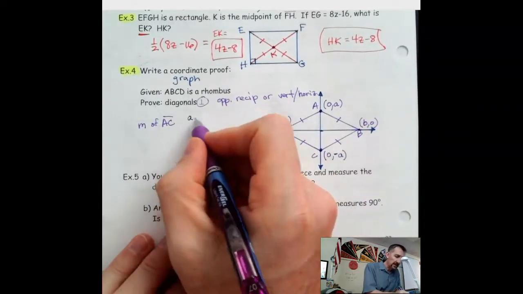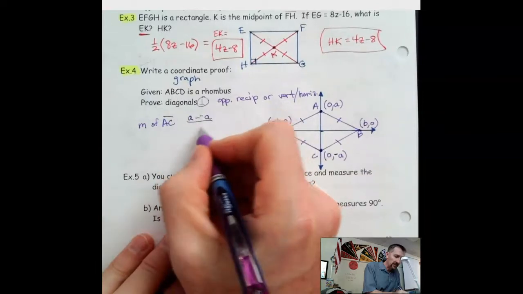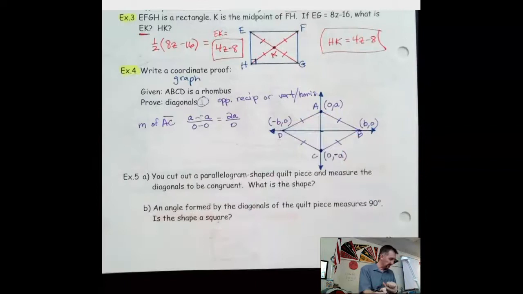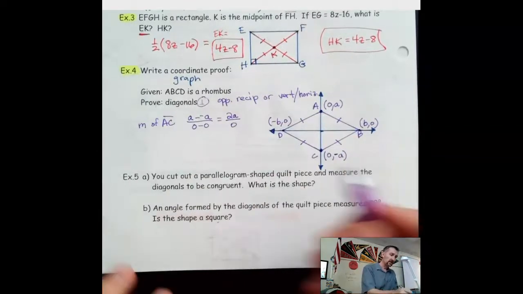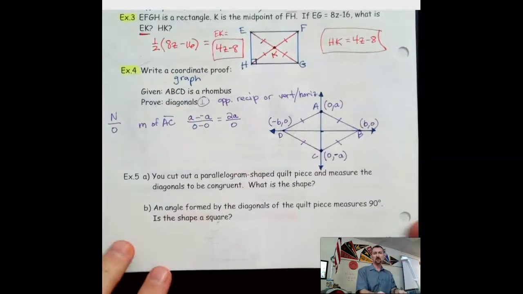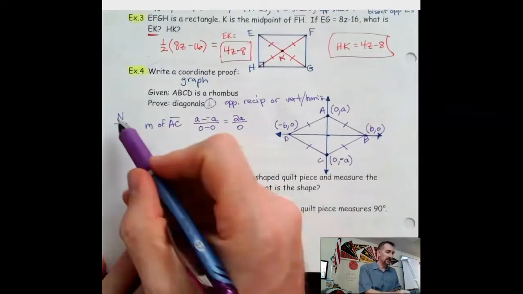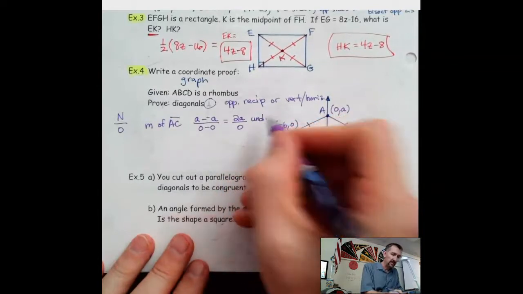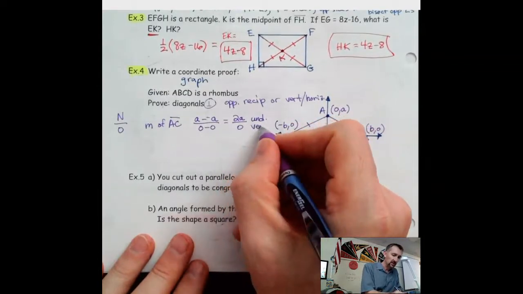So that would be A minus negative A over 0 minus 0, which would be 2A over 0. Okay? Now, if we have something divided by 0, is that okay? No, it's not okay to divide something by 0. So that is undefined, which means it's vertical.